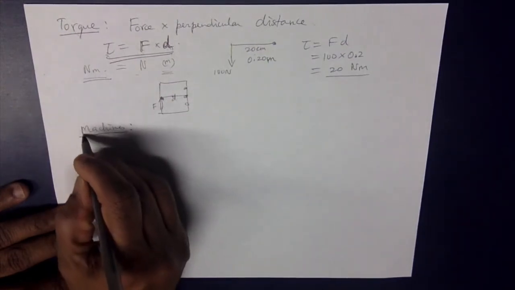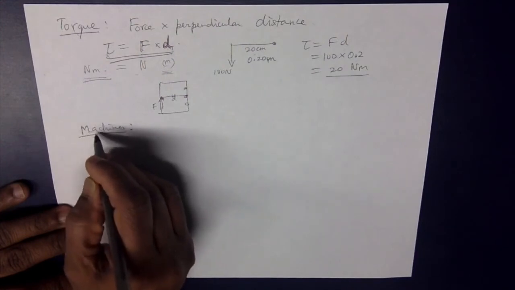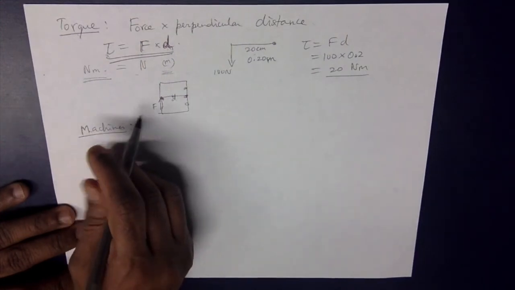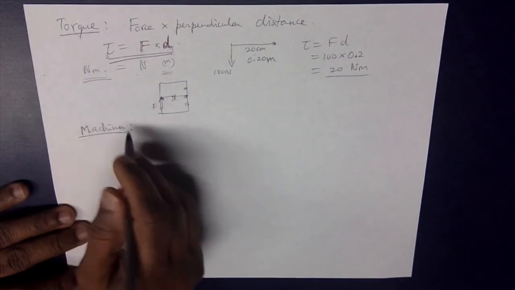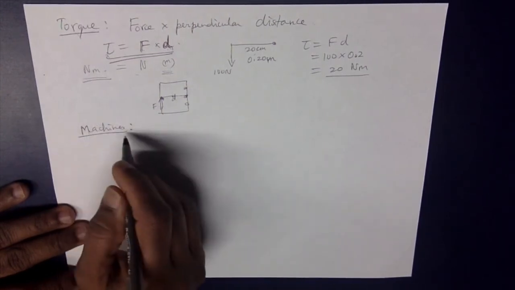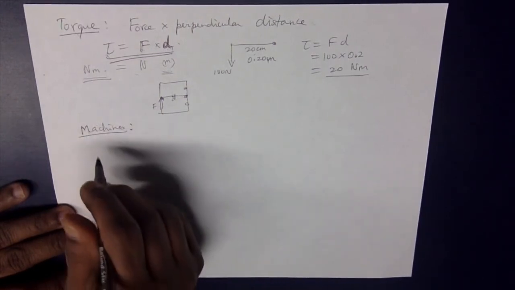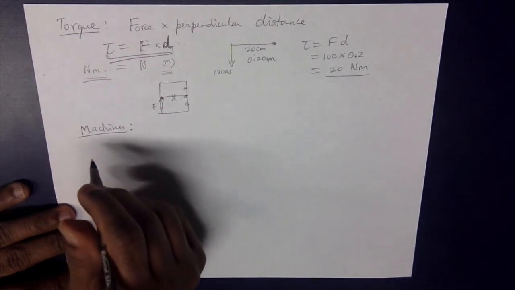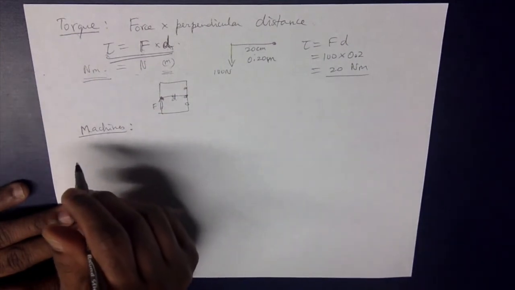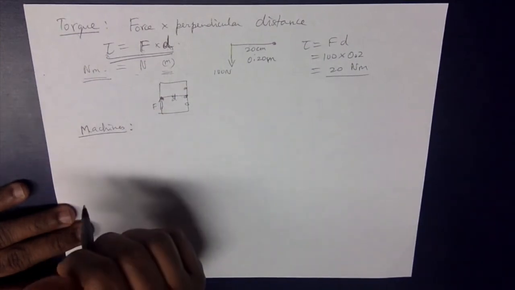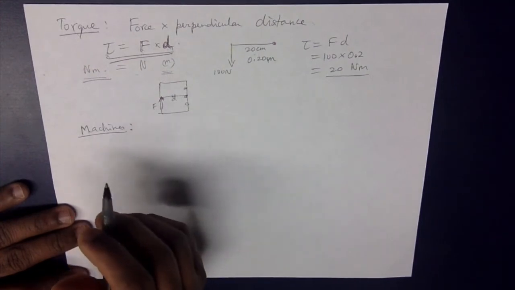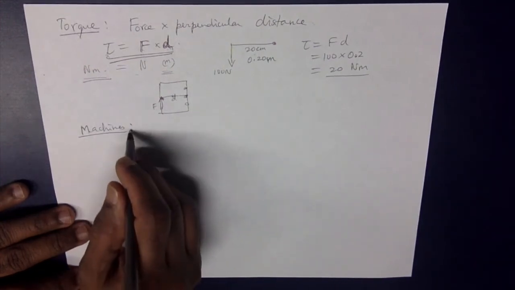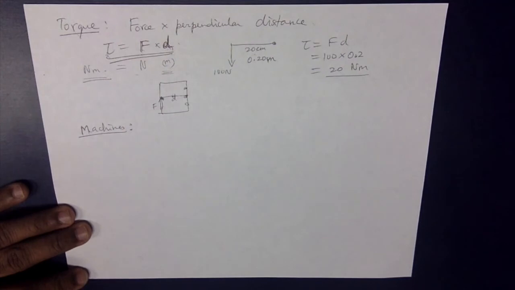So a machine cannot just produce work or energy from nothing. It's only using that energy and helping us to use a smaller amount of force. You use a small force, but you're getting the same job done. And that is what a machine is supposed to be.